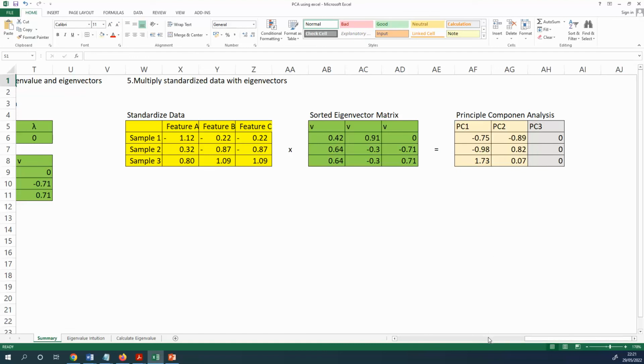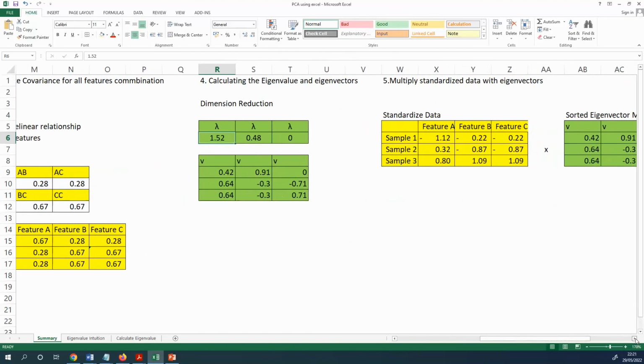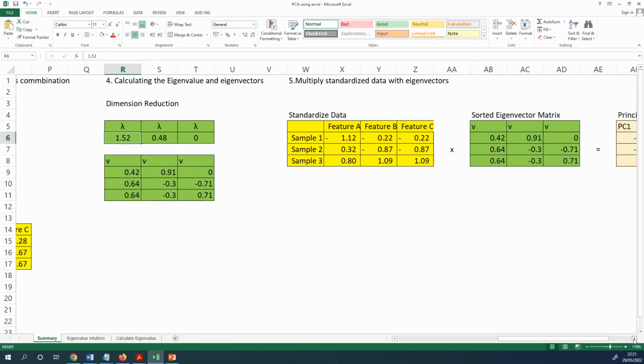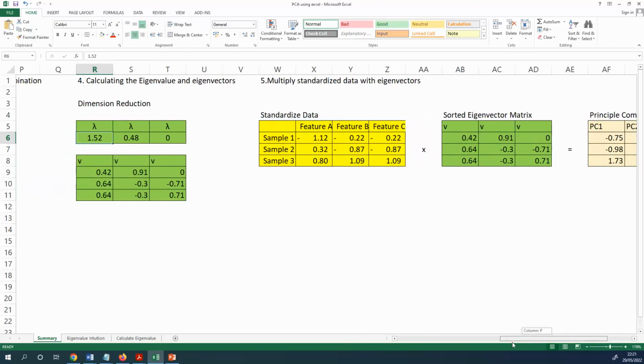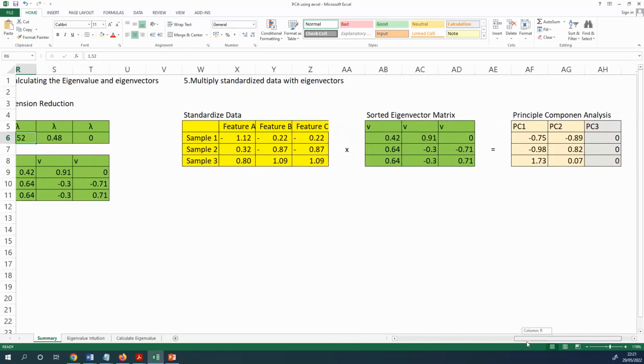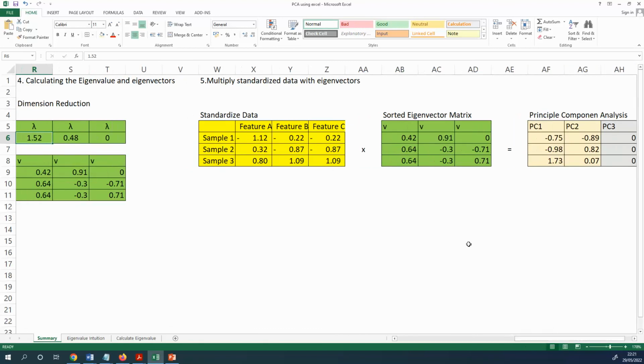So based on the eigenvalues, we get the point that the highest eigenvalue PC data is PC1, where the eigenvalue is 1.52, and PC2 is second, with eigenvalue 0.48.